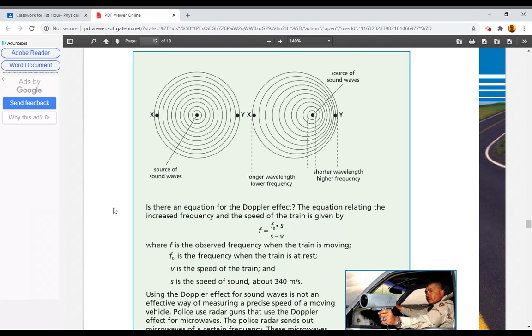Okay. Is there an equation for the Doppler effect? The equation relating the increased frequency and speed of the train is given by, all right, here we go. Frequency equals frequency of the train at rest times the speed of sound divided by speed of sound minus speed.